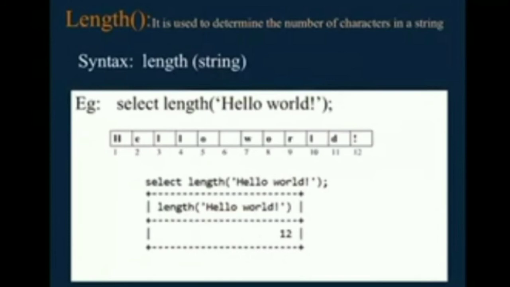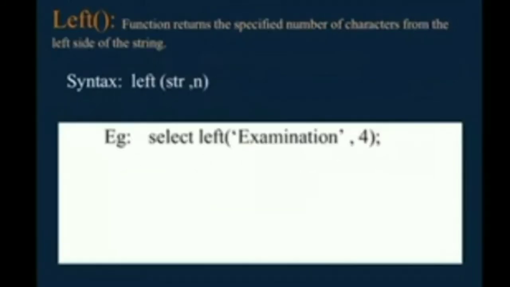Okay. Now next function is the left function. The left function returns a specified number of characters from the left side of the string. That is, this function returns the first n characters from the left side. Now let's see the syntax, students. LEFT(str, n).